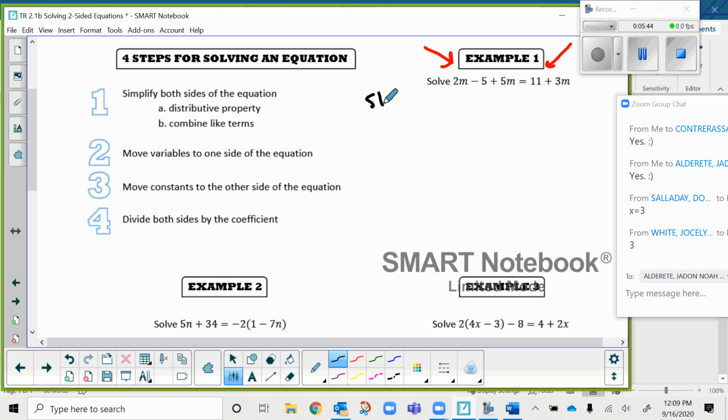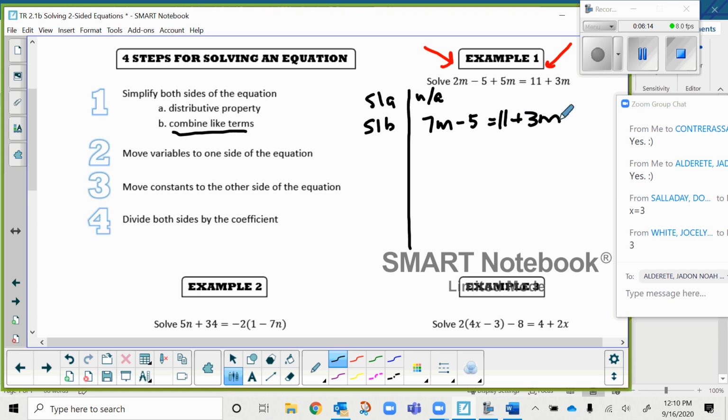So for step 1, part A, it does not apply, not applicable. But look at what the B part says. It says combine like terms. And I can do that for step 1. On the left-hand side, I have 2m and 5m that combines. So that's 7m and then minus 5.